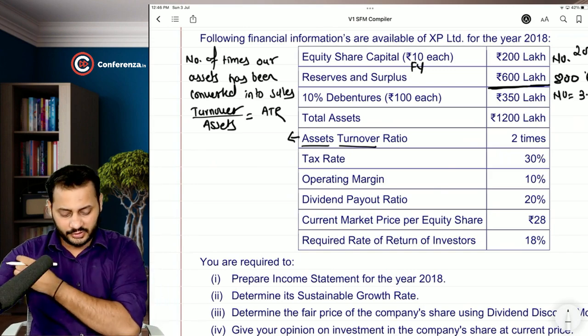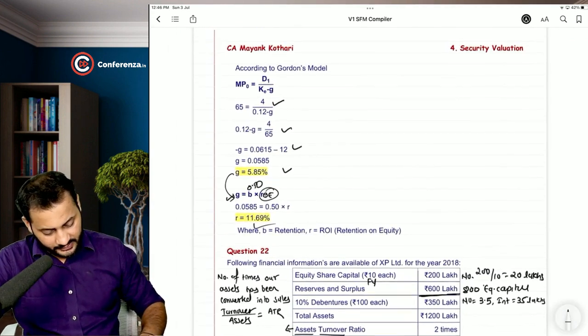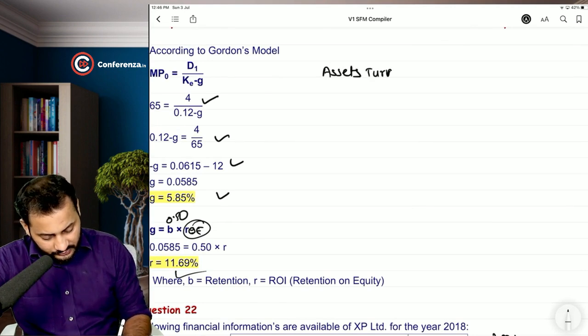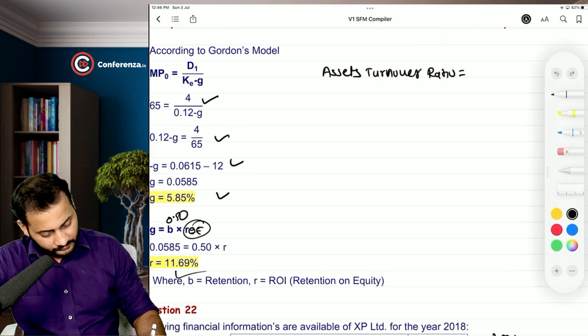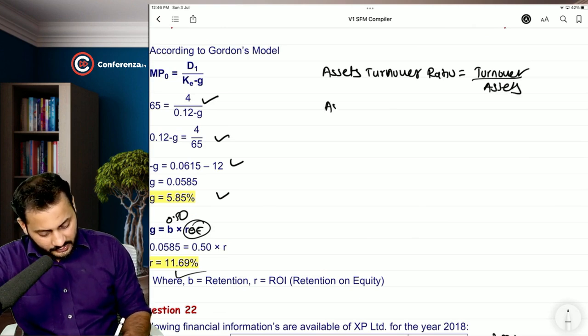So one more thing you should write down. I think there is some space over here. See, it should be very clear. Assets turnover ratio should look like this: turnover divided by assets. And see the minute difference.